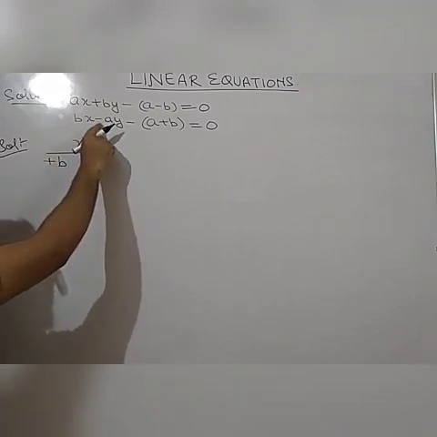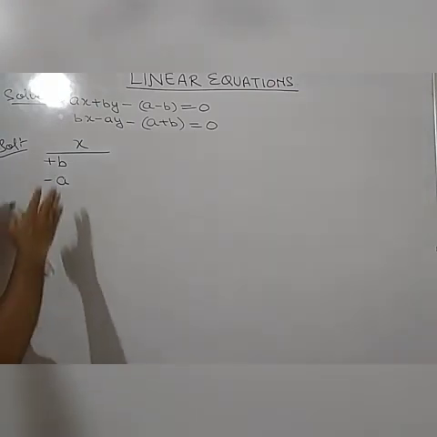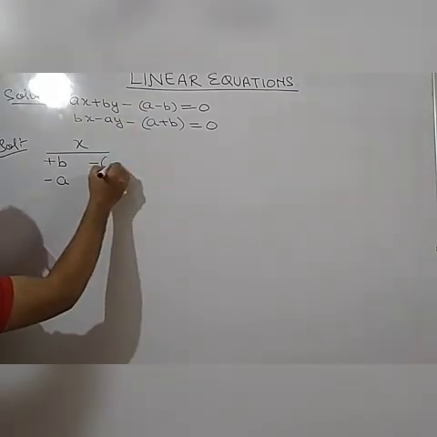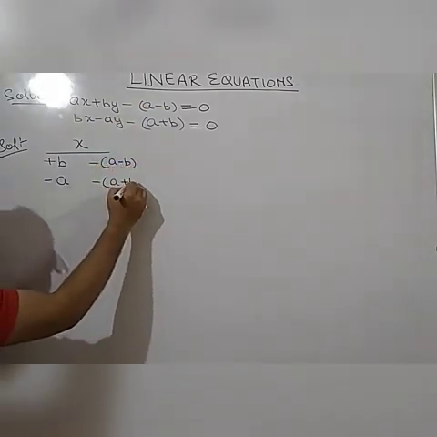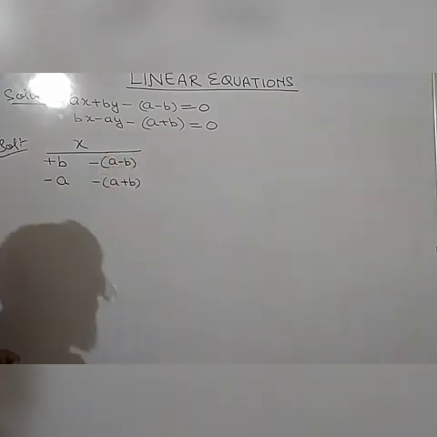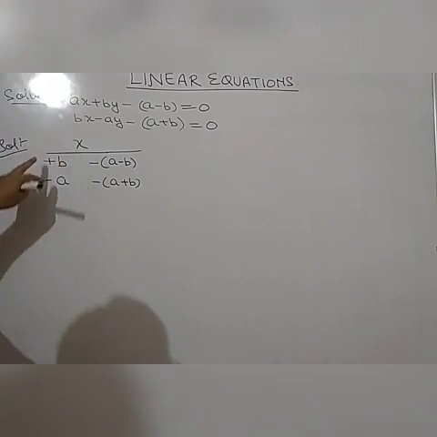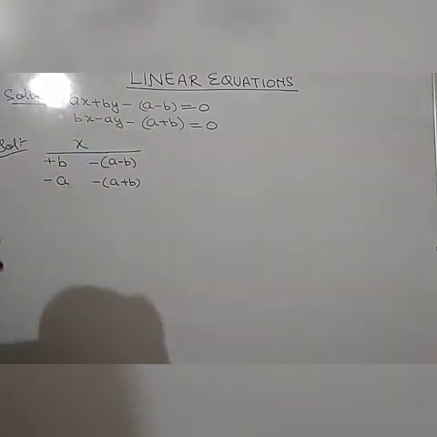We will take this minus sign also, so it will be minus a. Okay, then after this y term, what we get? We will get minus a minus b and minus a plus b. Always use these brackets. So first we write x upon the coefficient of y of both the equations, then constant term of both the equations.